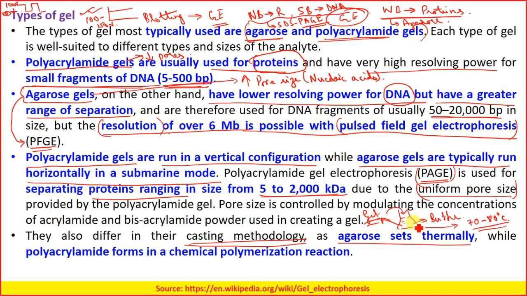If you heat this gel again, it will become liquefied. Whereas polyacrylamide gels are formed by free radical polymerization, and polyacrylamide monomer is used for the purpose.